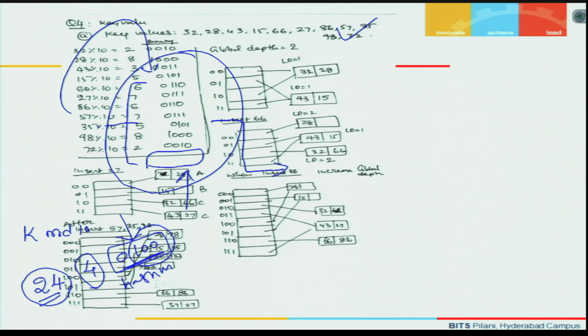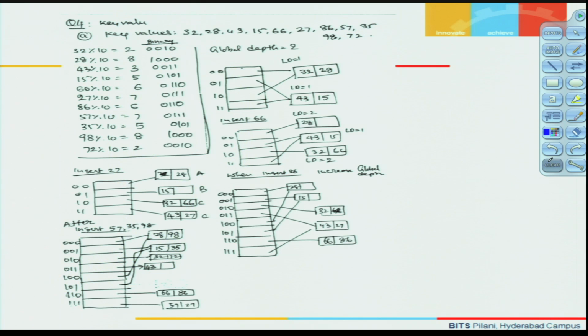Let us have a look at an example. Here the hash function used is k mod 10. We have only one hash function, and the global depth initially is equal to 2.